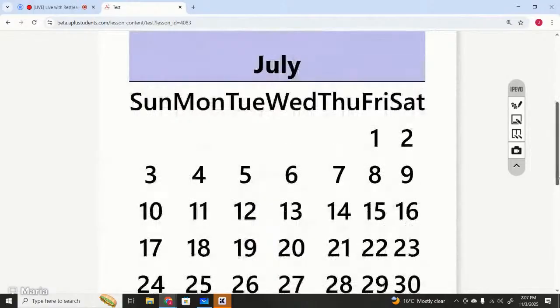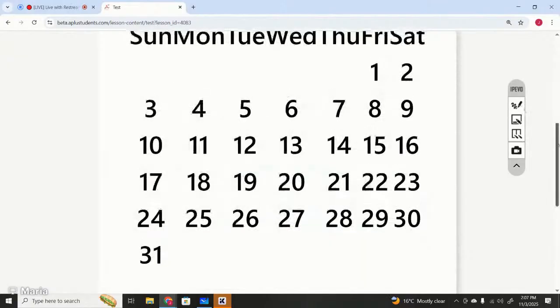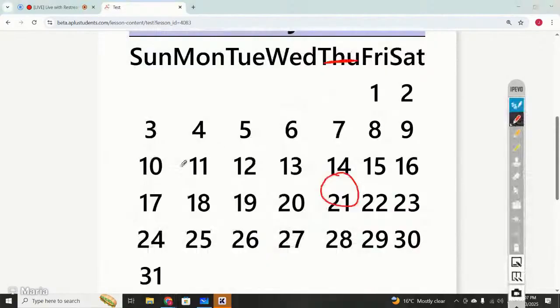Next one is if today is July 10, what day of the week is it? So today is July 10. Here is 10th July. You need to find what day it is.